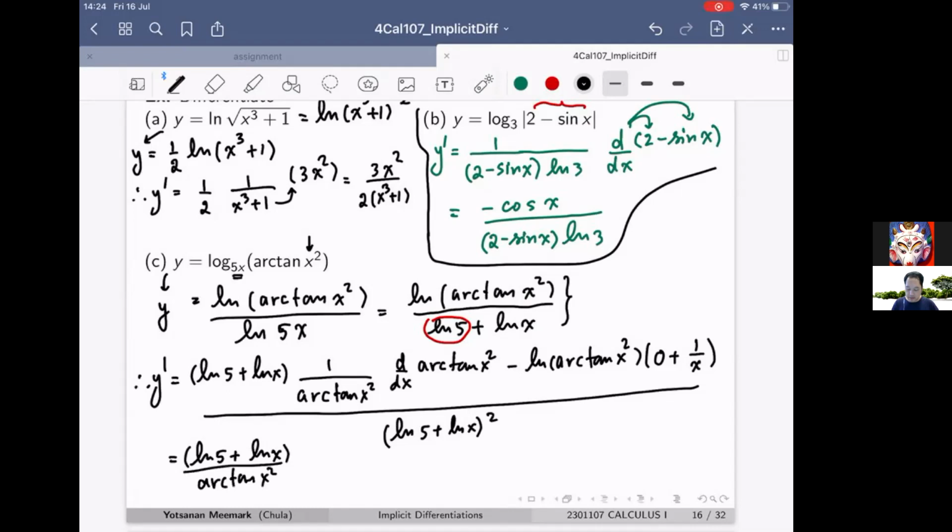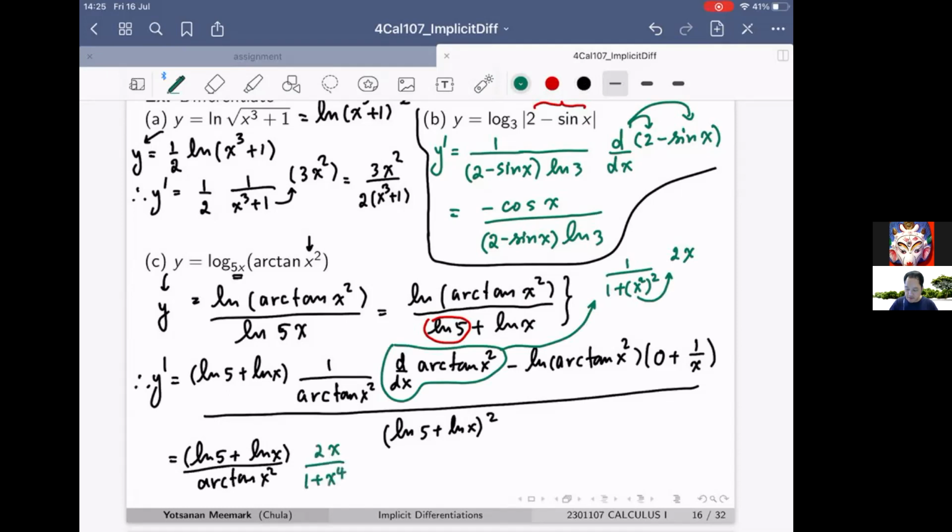And what is the derivative of the arctangent? It becomes 1 over 1 plus u squared, and then the derivative of the inside, which is 2x, the derivative of x squared. So you get 2x over 1 plus x to the fourth.